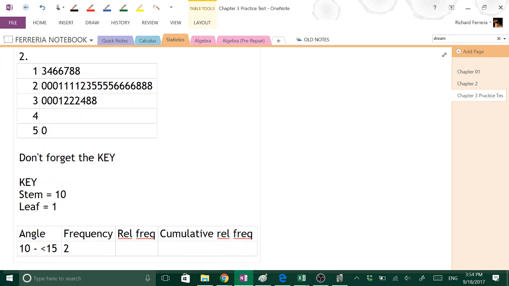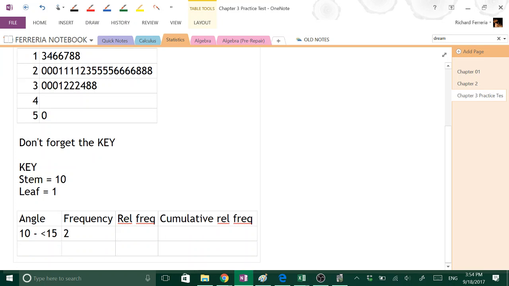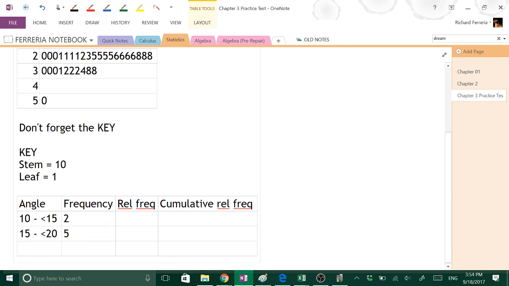We're going to do the relative frequency and the cumulative relative frequency later. The next one goes from 15 to less than 20. It looks like 5. The next one is from 20 to less than 25. Let's count. That's 9 of them.